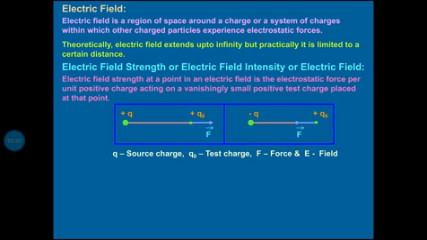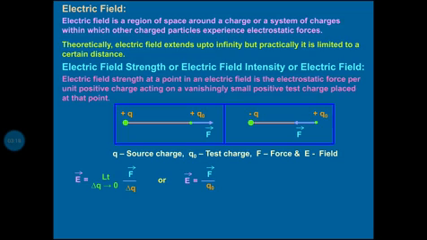So here q is the source charge, q0 is the test charge, F is the force and capital E is the field. So what is the field? Here, E vector is the limit as delta q tends to 0 of force vector by delta q.